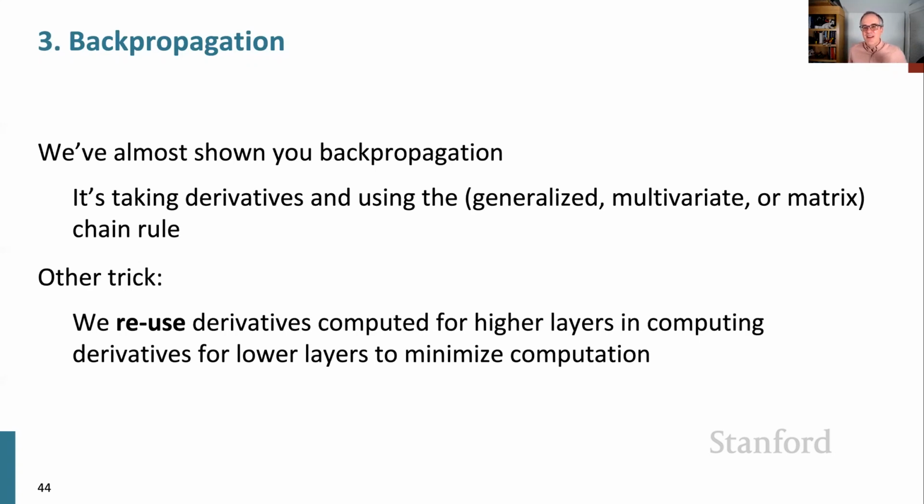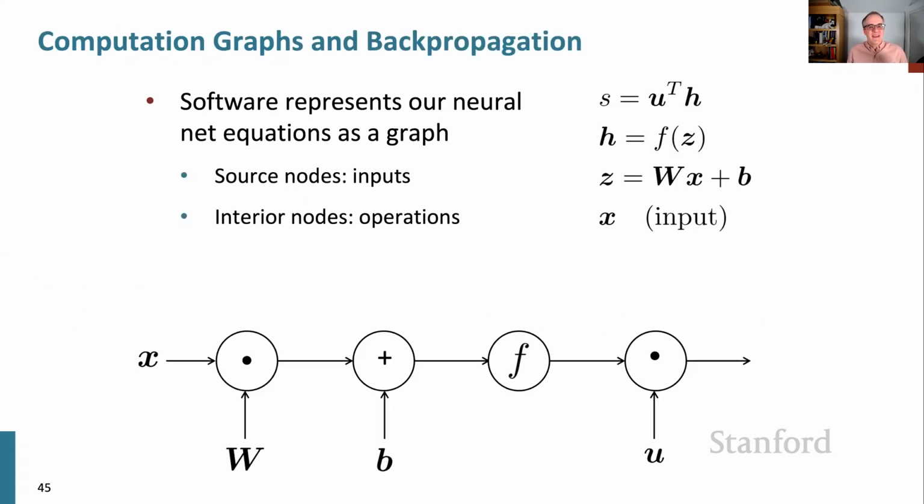I already pointed that out in the first half, but we want to systematically exploit that. And so the way we do that in our computational systems is they construct computation graphs.